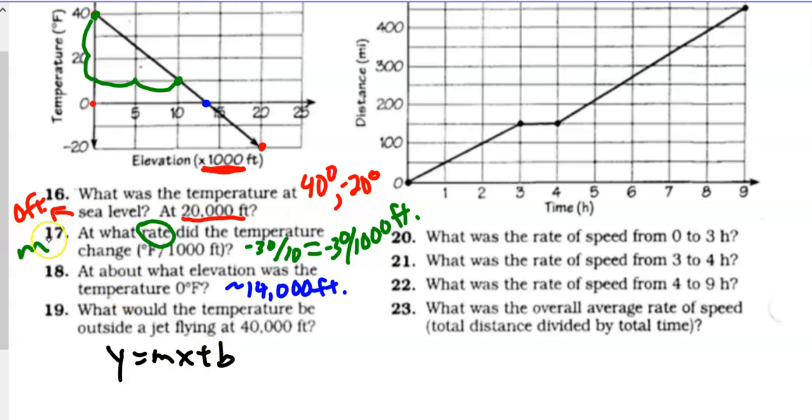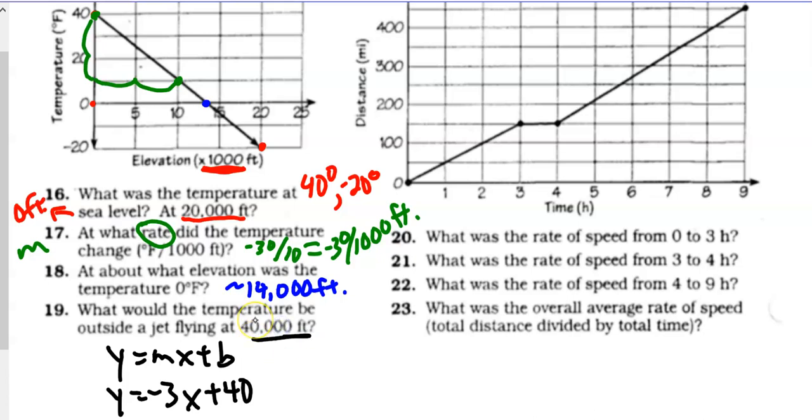Well, we already found m in 17, which is negative 3. Hopefully you realize that's a degree mark there. So that's negative 3x. And then what is b? Well, b is our y-intercept, and our y-intercept is 40. Now let's go back and read the question: what would the temperature be outside a jet flying at 40,000 feet?